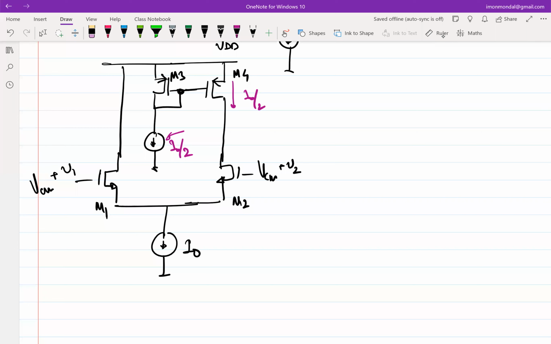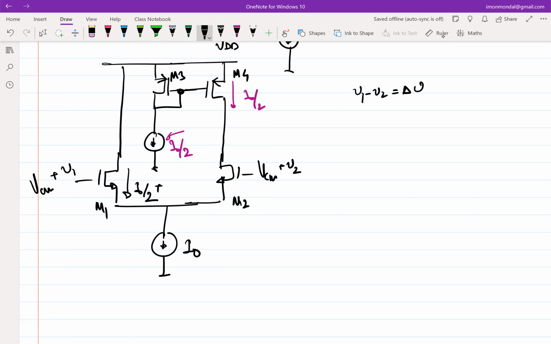So now what happens when I have applied incremental inputs V1 and V2? What is the total current through M1 then? So this was I0 by 2, and after applying, let me call V1 minus V2 to be equal to delta V. So what will be the total current through M1? Right.